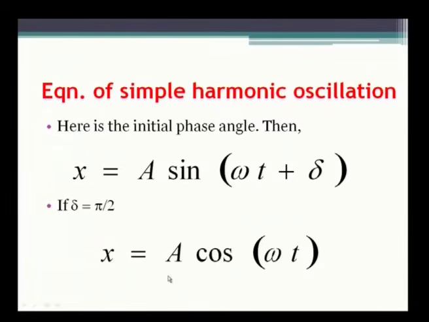So, based on the trigonometric equation, we get either sin omega t or cos omega t as the equation for simple harmonic oscillation. We have highlighted the two equations so that at a later stage we can take any one of them and discuss different quantities like velocity, acceleration, force, energy, etc.